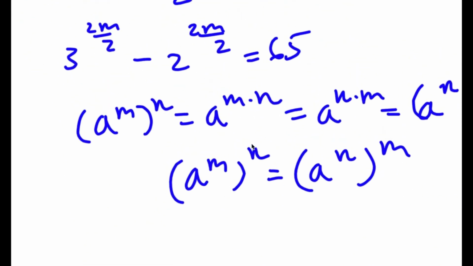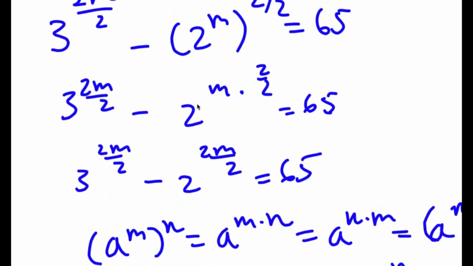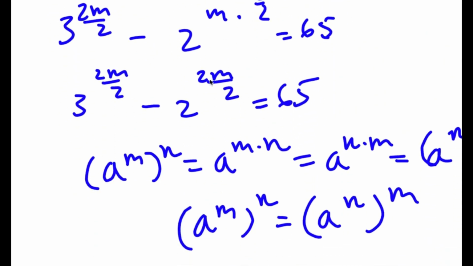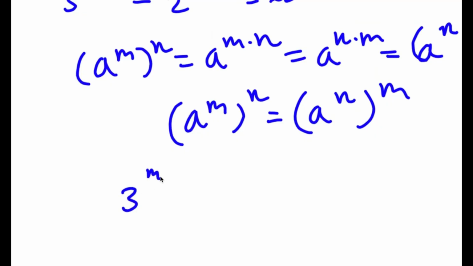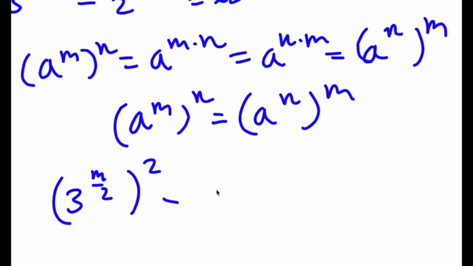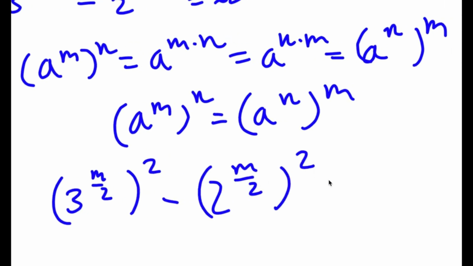So right here, I have m times 2 over 2, so we could actually rewrite this as 3 to the power of m over 2, to the power of 2, minus 2 to the power of m over 2, to the power of 2, is equal to 65.